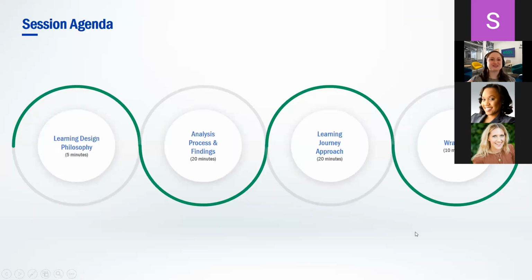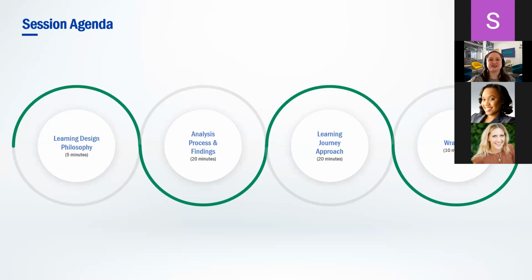We'll start by covering just a little bit more about the learning design philosophy that we had coming into this entire program, what considerations we had, what we know about the modern learner, and really how that influences our design and decision making. We'll go into a little bit then about the analysis process and our findings.